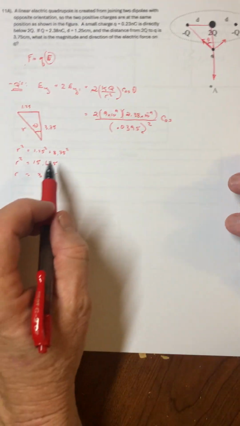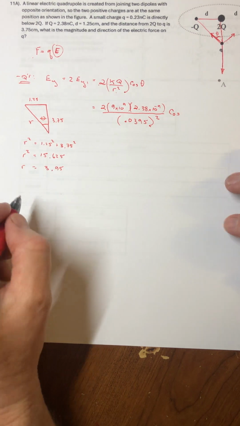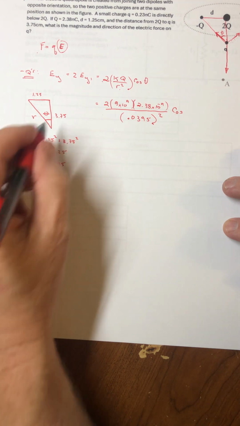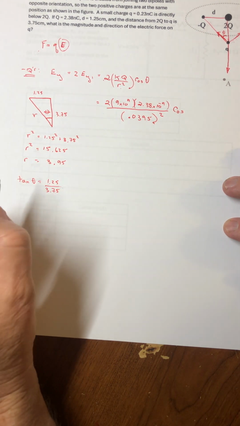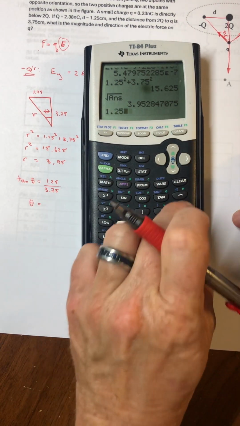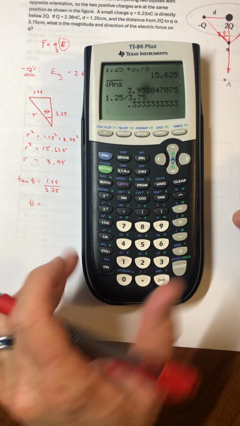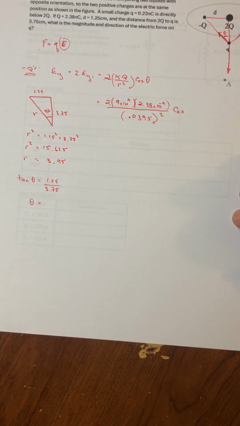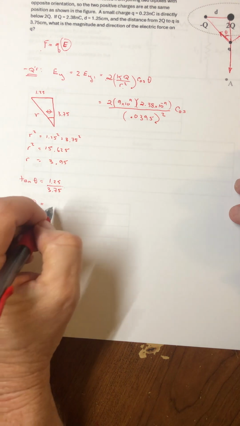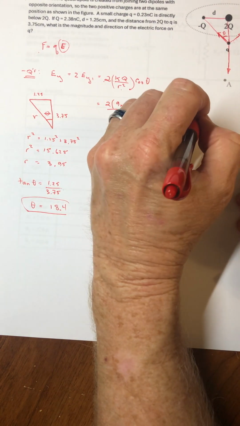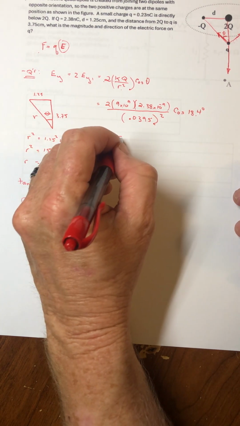That's the angle that goes right here. And so tangent theta is 1.25 divided by 3.75. So I'll take the inverse tangent of that, and this is 18.4 degrees here.